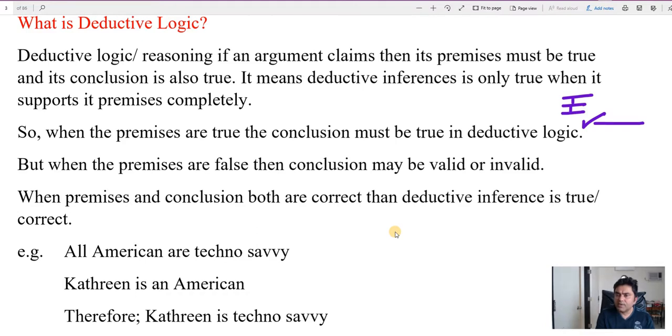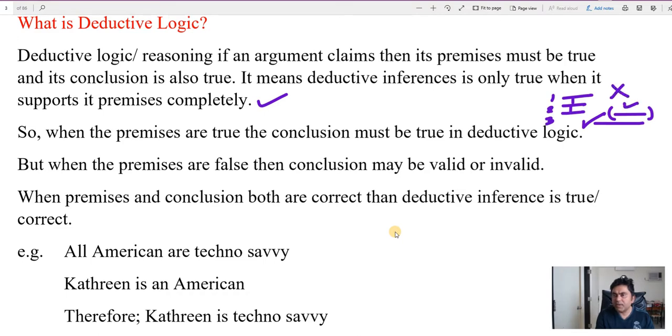It means a deductive inference is only true when it supports the premises completely. So your conclusion is based on these 1, 2 and 3 premises. If one of the premises is not included in the conclusion, then it is perhaps doubtful.